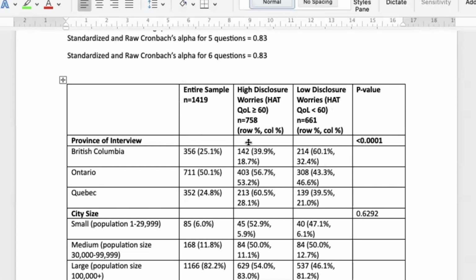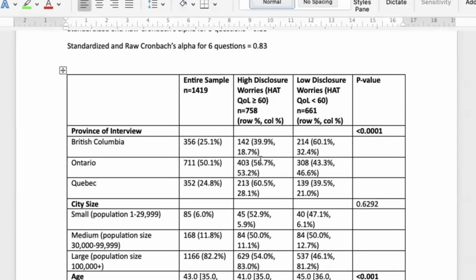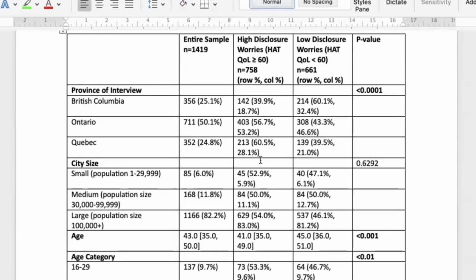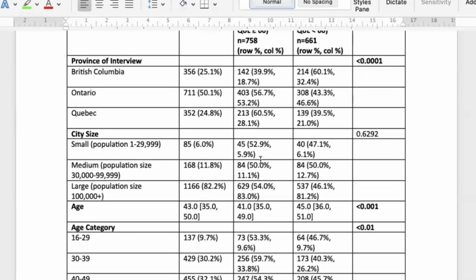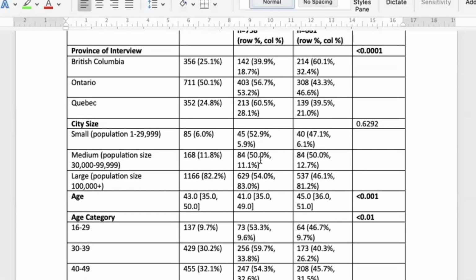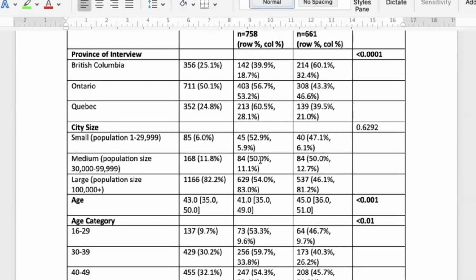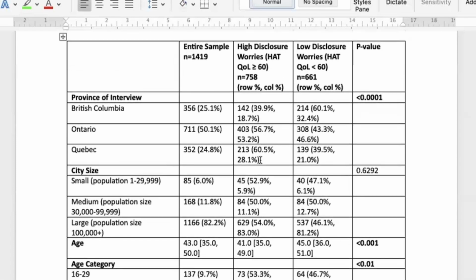So let's look at the high disclosure worry column, this one. Do you see that? Okay. In British Columbia, 40% of the women had high disclosure worries, while in Ontario it was 56%, and in Quebec, 60%. And the p-value is less than 0.001, okay?